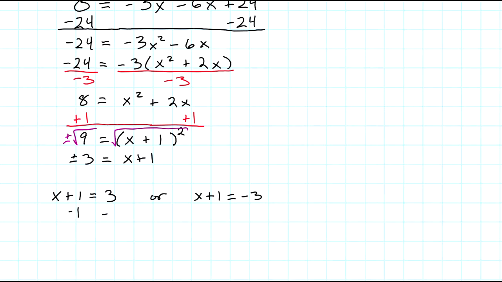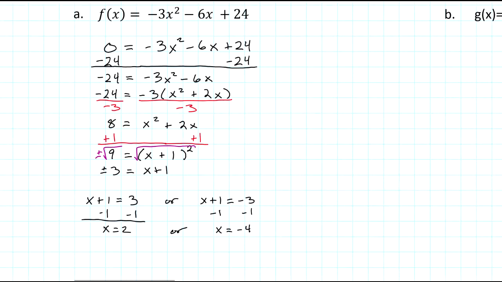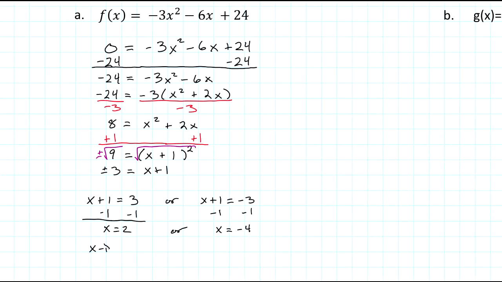Subtracting 1 from all of this, we'll get x equals 2, or x equals negative 4. So our x-intercepts are the points 2, 0, and negative 4, 0.